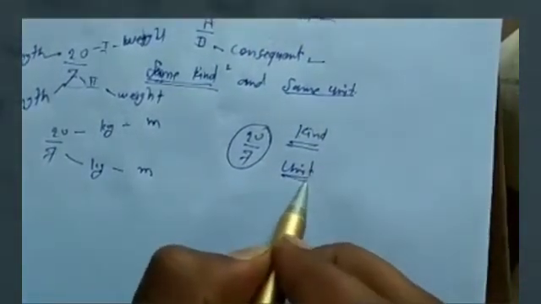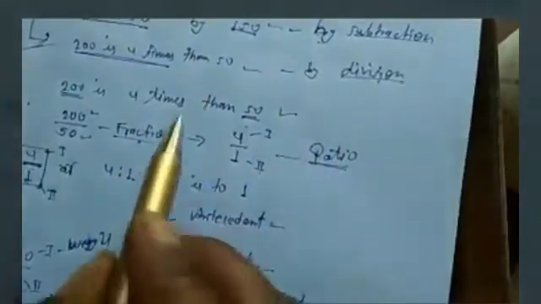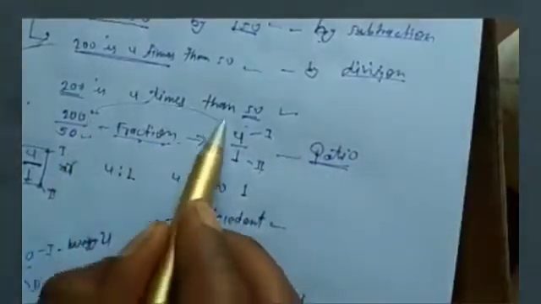Is that clear? The next point is that a ratio must always be expressed in its lowest term. We already discussed that a ratio is the smallest form of a fraction. These are the important points related to ratio.